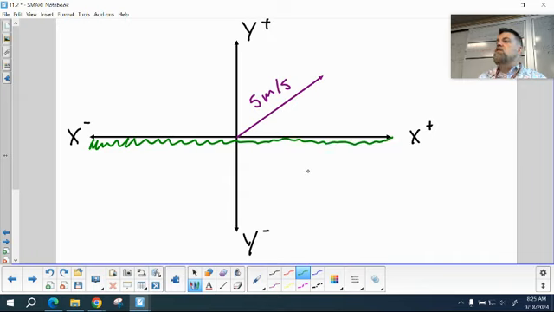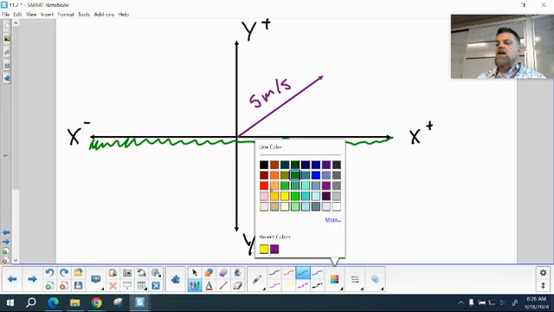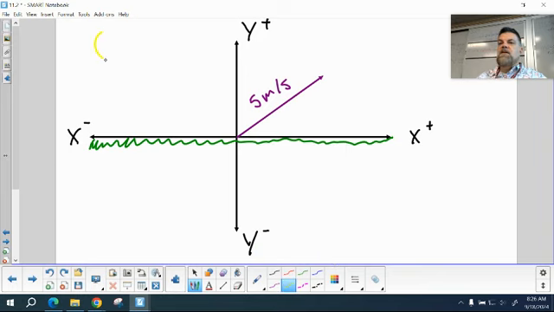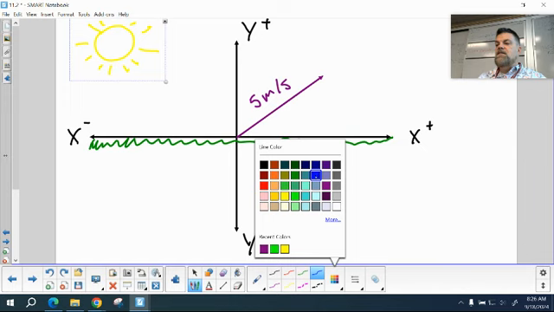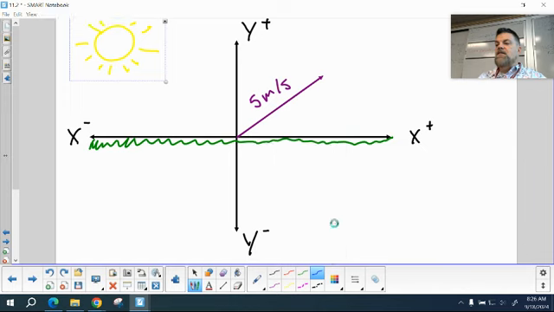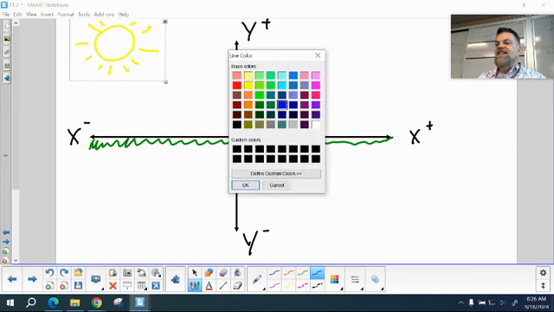This could be your t-shirt that we're launching out of the cannon, all right? So this is like the ground. The sun's up here, shining brightly. This is like a light blue sky.